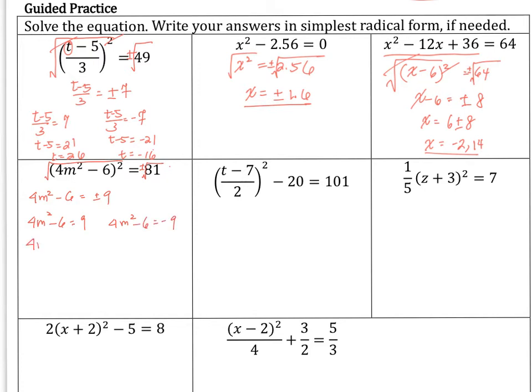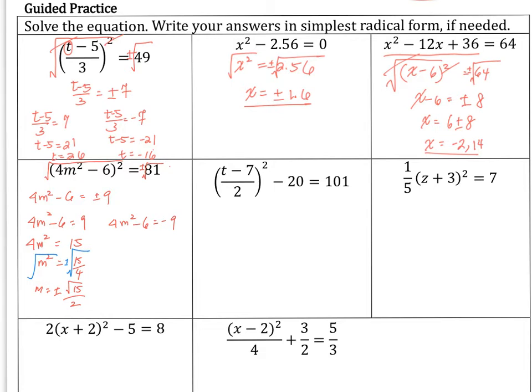Now this would be 4m squared equals 15, and m squared would equal 15 over 4. Square both sides. This will be m equals positive or negative square root of 15 over 2.